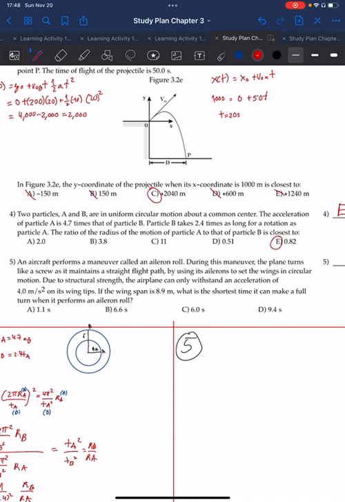You might be asking, what is an aileron turn? An aileron turn is when the wing of the plane is maneuvered in its position to 360 degrees of revolution.